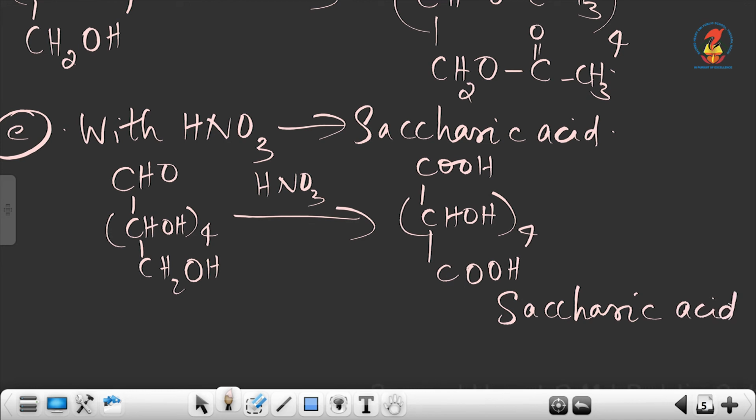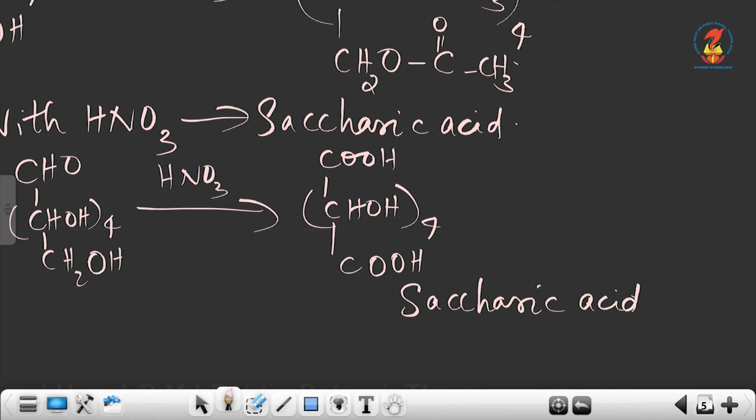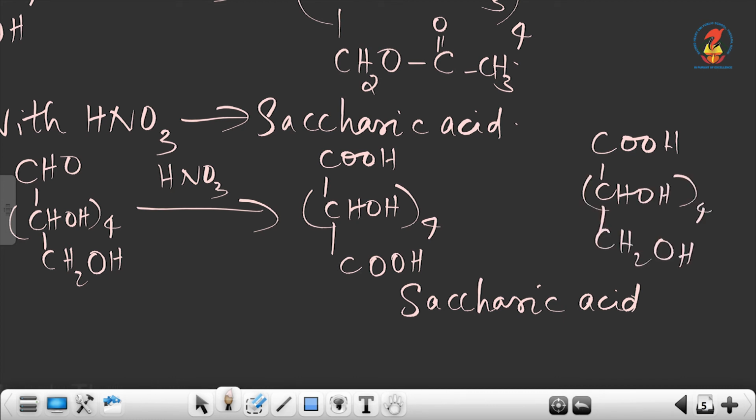Both CHO and CH2OH get oxidized. First actually CHO gets oxidized to COOH, and we get gluconic acid. So gluconic acid is COOH, (CHOH)4, CH2OH. This also gets oxidized on treatment with nitric acid to saccharic acid.